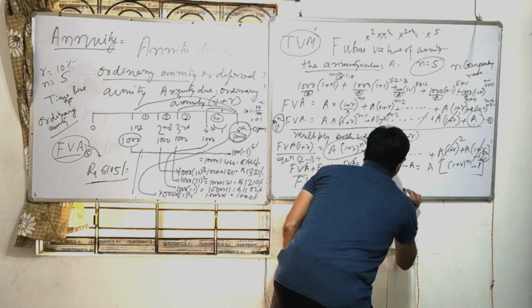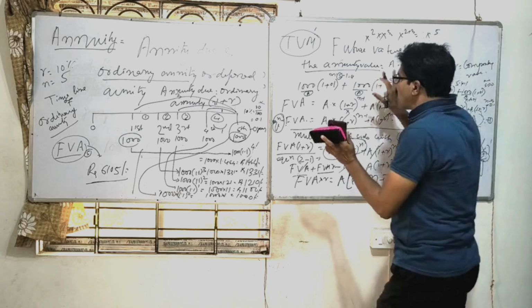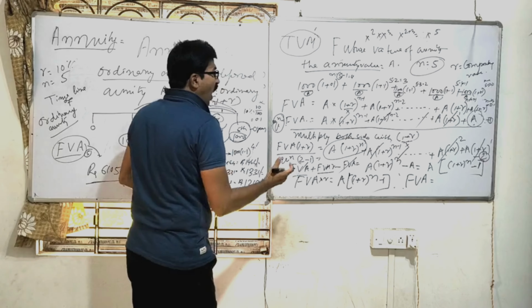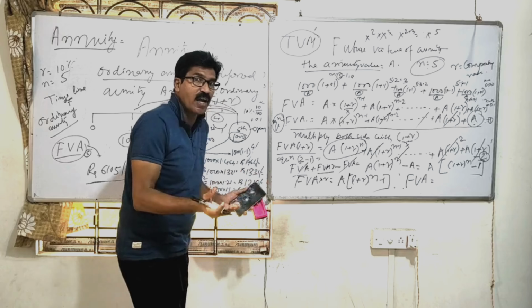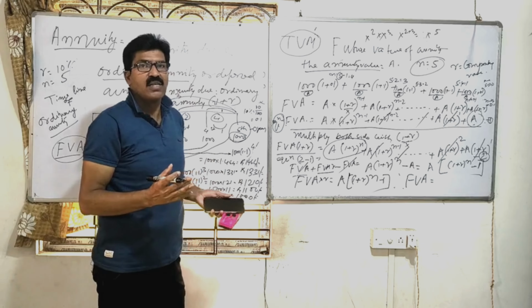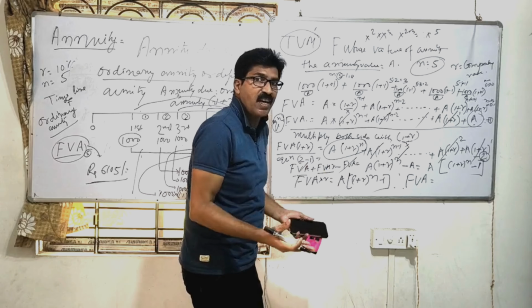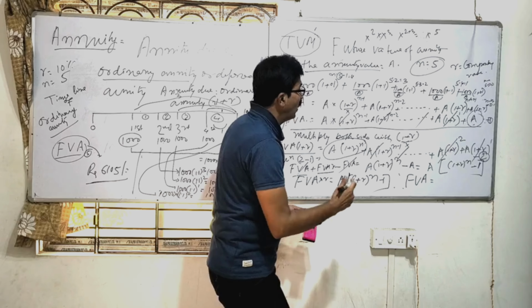So for the future value of annuity for n years, you see how detailed I have explained the formula. I have explained how I extracted the formula. I don't think in any of the classes you will find it this way. I am explaining in detail how I got the formula.